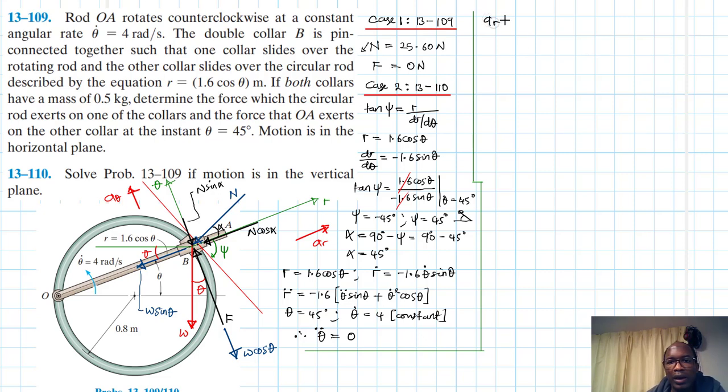Then our a_r is just equal to r double dot minus r theta dot squared. So let's find these values first before we start calculating. Our r at theta equal to 45 degrees is 1.6 cos 45, which gives us 1.1314.